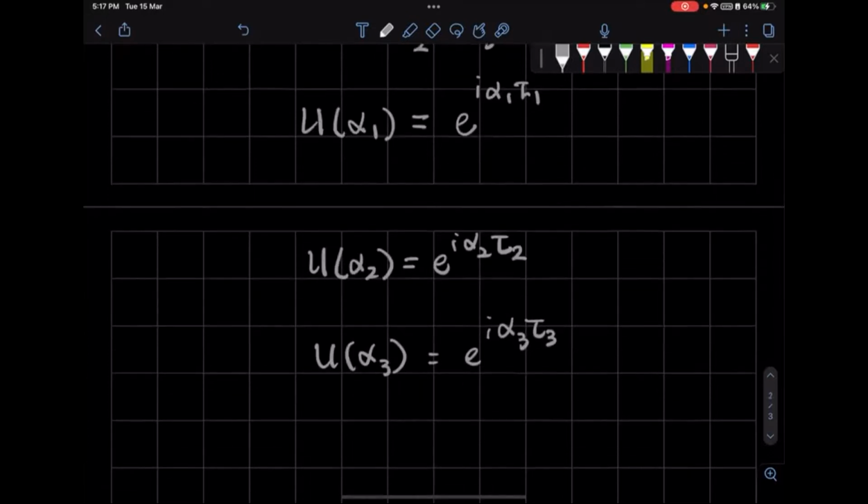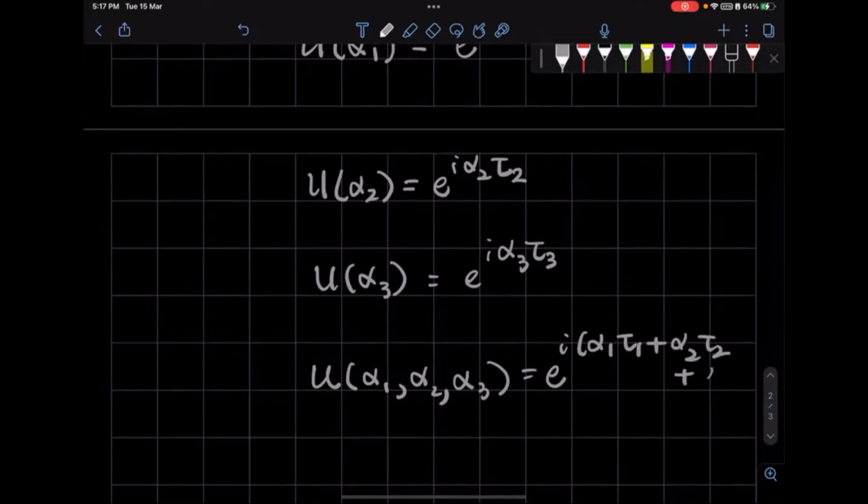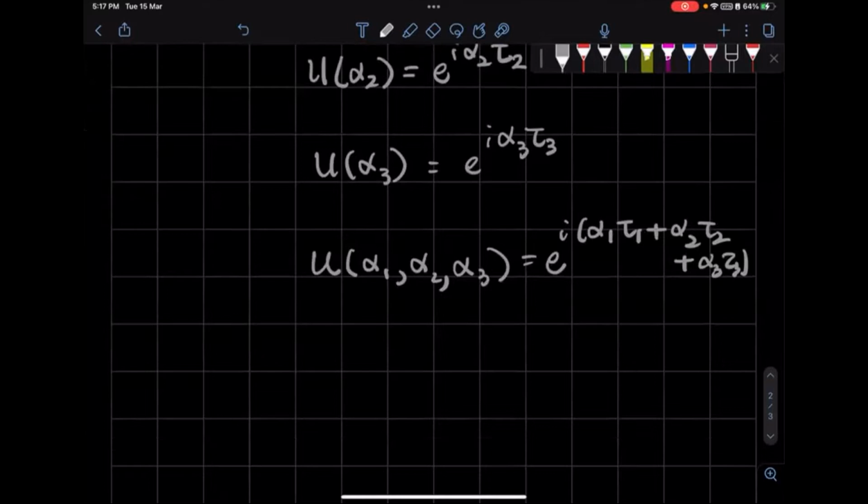tau 3. But it can also be any general linear combination of these T's, right? So it can be e to the power i, alpha 1 tau 1 plus alpha 2 tau 2 plus alpha 3 tau 3. Okay. So these alphas are real numbers which specify the point on the manifold that describes SU2.